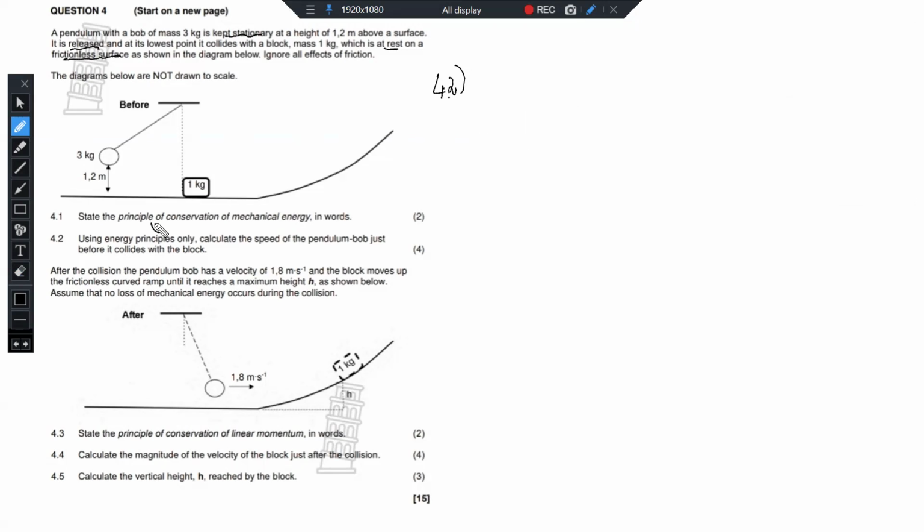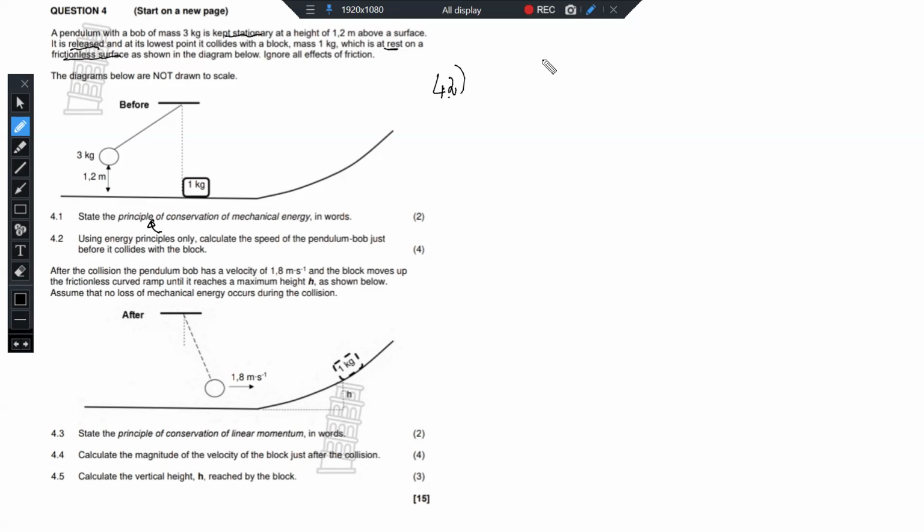And you can see the hint that I've been speaking about, that the examiner will always give you a hint as to which formula you need to use to calculate. So you see in 4.1, they just ask you to define the principle of conservation of mechanical energy. And it happens that in 4.2, you also need to use that same formula, right?